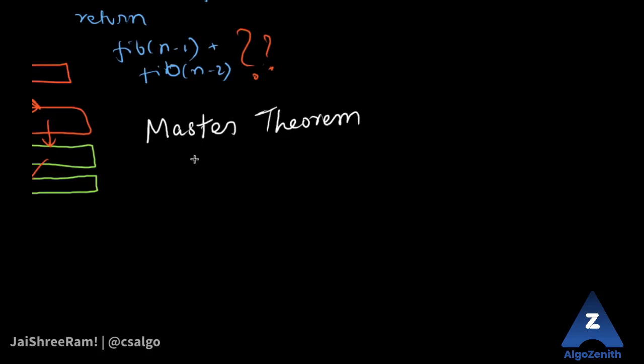The Master Theorem helps you get the time complexity when the recurrence for time complexity, T of n, which basically means how much time it will take to solve an instance of size n, is of the form a times T of n by b plus c.